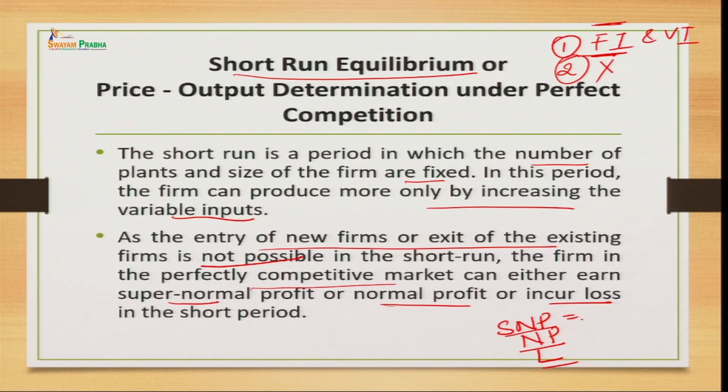We say that the firm is earning supernormal profit where the average revenue of the firm is greater than the average cost. Specifically, we are not talking about total revenue and cost, but about the average revenue, revenue per unit. If it is greater than the average cost of the company, then the company is earning supernormal profit. Whereas normal profit is a consideration where the average revenue of the firm equals the average cost.